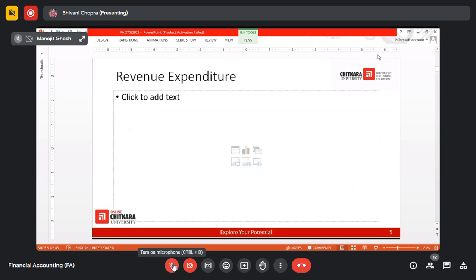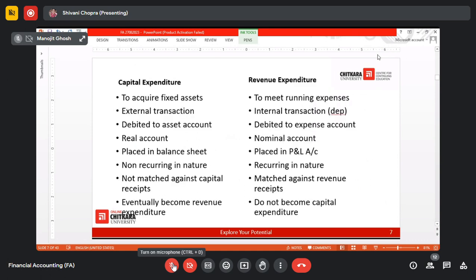Whereas if the asset is of a short-term nature and of a recurring nature, and you recover the same asset from that year's revenue, it becomes a revenue expenditure. So now we are ready to distinguish between capital expenditure and revenue expenditure. Let's have a look. What do we do with the capital expenditure? We acquire long-term assets.